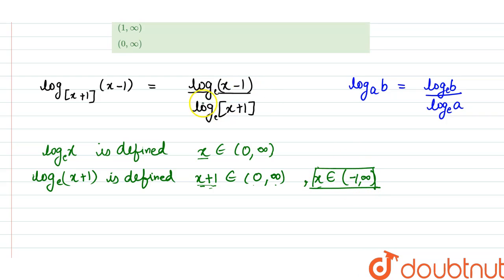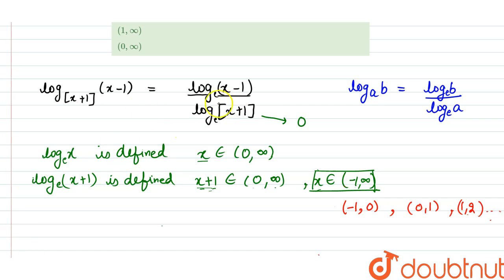But since this log function is in the denominator, that means we want it not to become 0. Also, we have been given the greatest integer function. So let us look for the greatest integer function value in this domain. The greatest integer function value acts from integer to integer interval. So if we consider the interval minus 1 to 0, the second interval will be from 0 to 1, and then from 1 to 2, and so on.